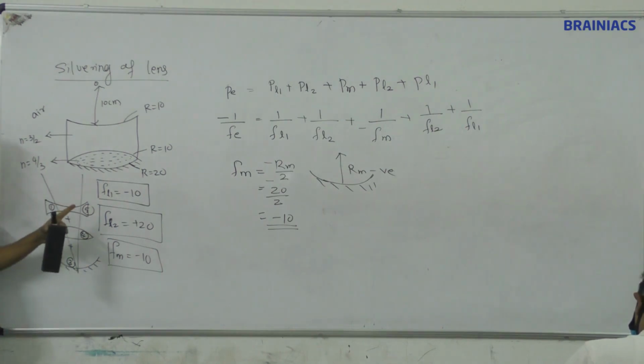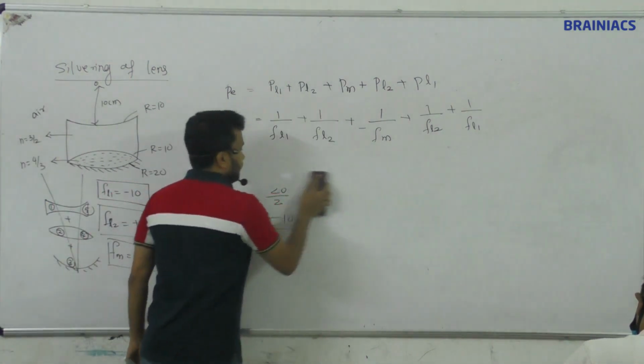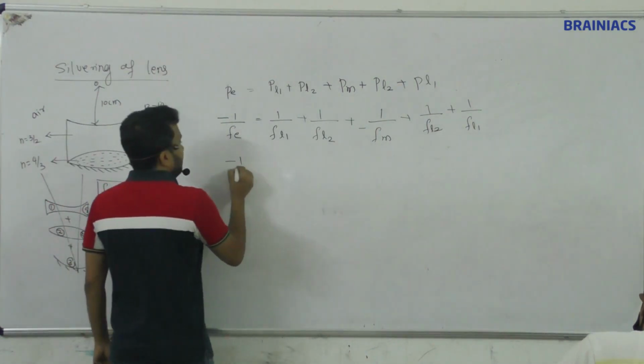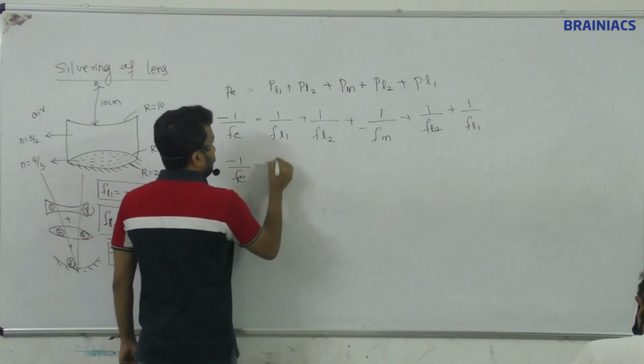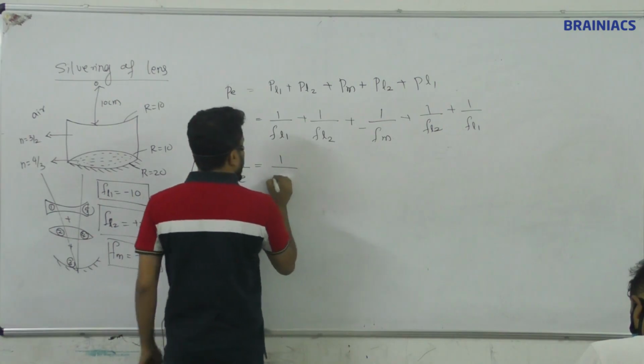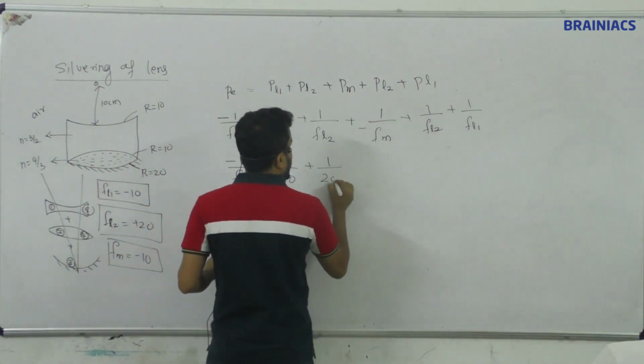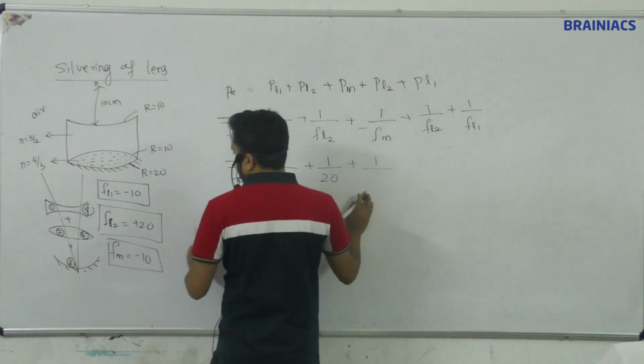Is it clear? We'll substitute all of these in the equation. So minus 1 by Fe equal to 1 by FL1 minus 10, 1 by FL2 is 20, plus 1 by Fm.